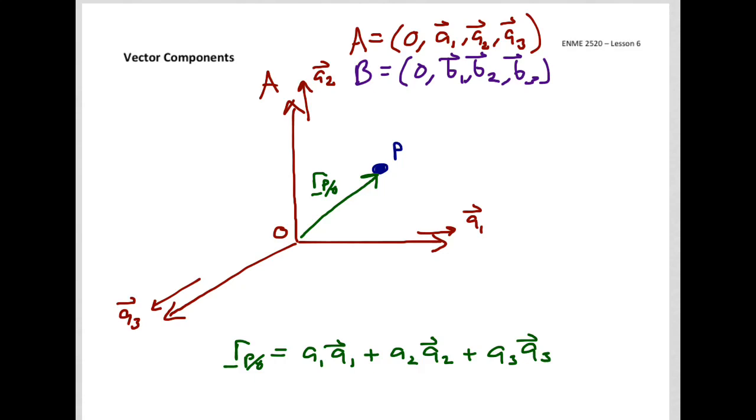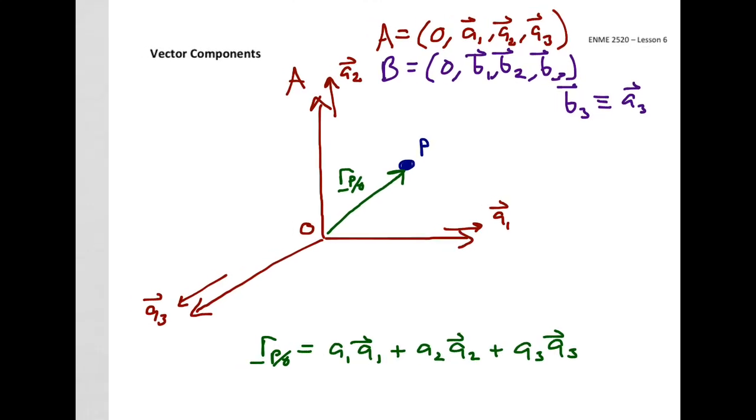For our basis vectors, we're going to define B3 as equivalent to A3. So what we're saying here is that for A3, that direction, we have a B3, which is in that very same direction.